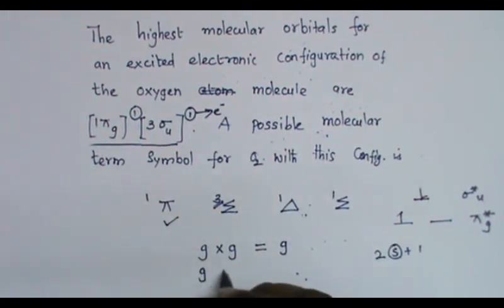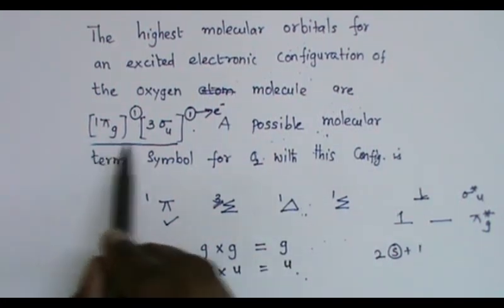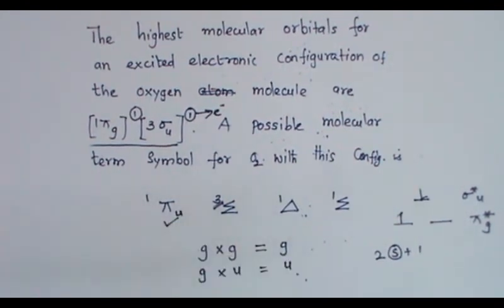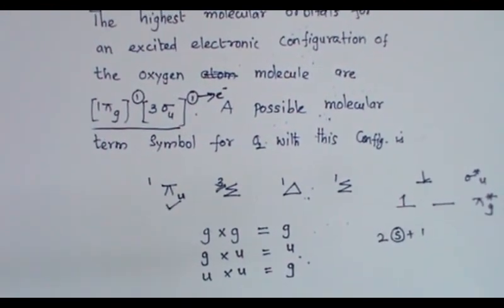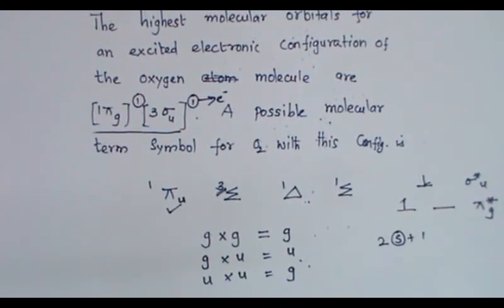If one is gerade and another one is ungerade, then the final will be ungerade. In this case, gerade and ungerade, so the final should be ungerade. Suppose if you go for 2 ungerade, then the final we get will be gerade. So it is similar to plus into plus, you will get plus; plus into minus, you will get minus; minus into minus, you will get plus. So a similar thing you can apply here.